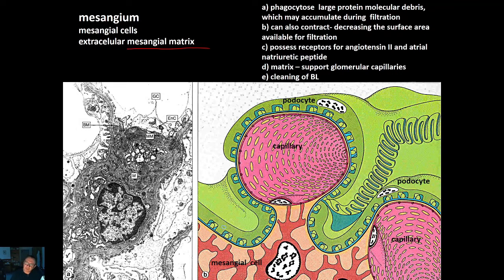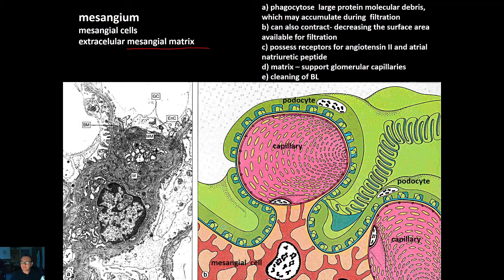They have also some contracting abilities, so they contract to regulate the blood flow through the corpuscle, and they also secrete the mesangial matrix, which is composed of glycosaminoglycans, some proteoglycans, and which is filling all free spaces there and supports glomerular capillaries.